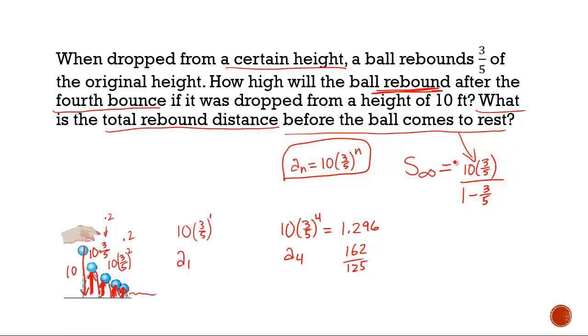Now we'll have to double this because we have also the down motions, and we also forgot the 10 as well. So if we plug that through, that's going to give us the total distance that the ball has traveled the whole time. And that actually ends up being 40. So what's happened is the ball has traveled a total of 40 feet, even if it's still bouncing.